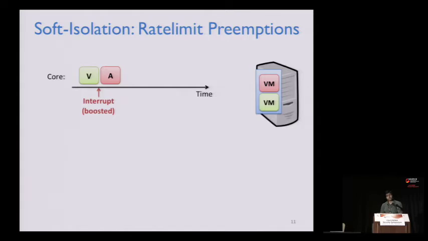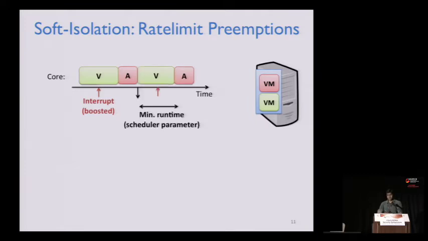What if we could modify the scheduler such that we allow the victim to run for a minimum guaranteed runtime before switching to an interactive VM? Such a mechanism would directly increase the minimum runtime, or the preemption interval, that any victim would perceive in the presence of an attacker.